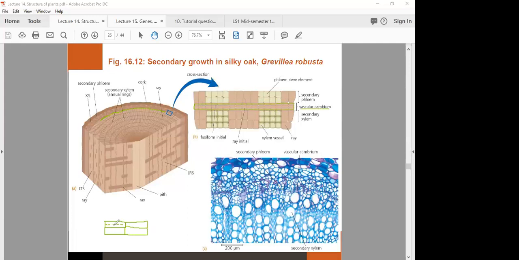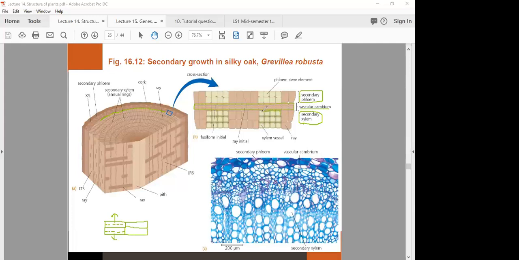This new cell here remains as part of the vascular cambium, that is, it doesn't differentiate, but the second cell here will actually differentiate to form secondary phloem. Now, if we look at this lower cell of the vascular cambium meristem, that will also divide to produce two new cells. Once again, one cell remains undifferentiated, but the second cell becomes differentiated to form secondary xylem.